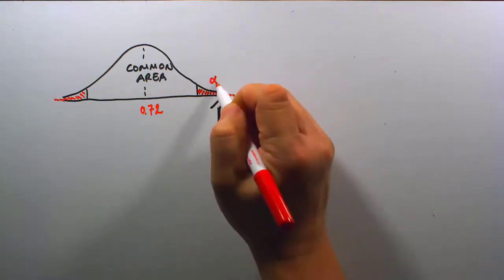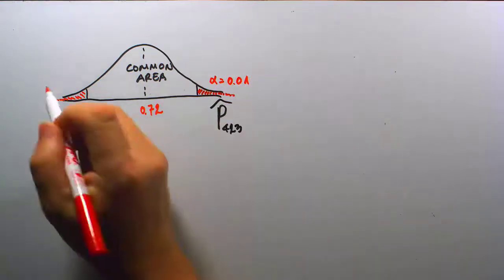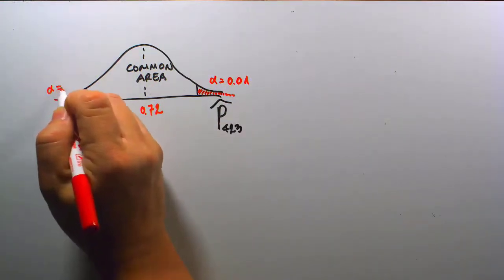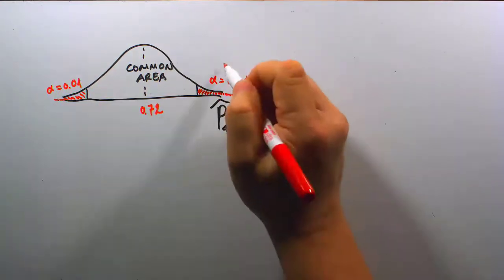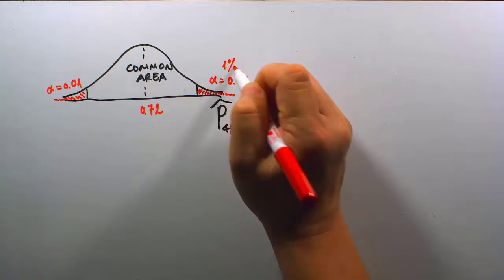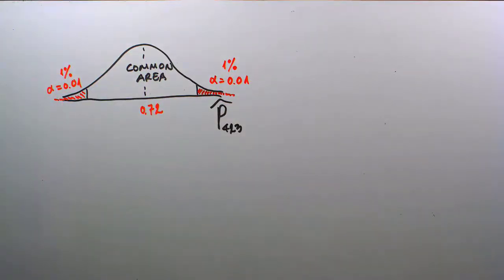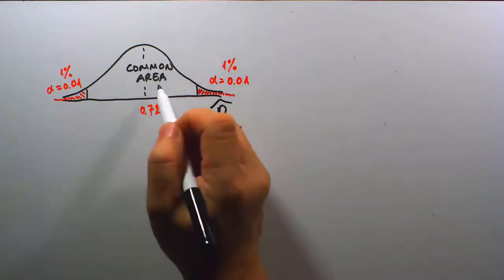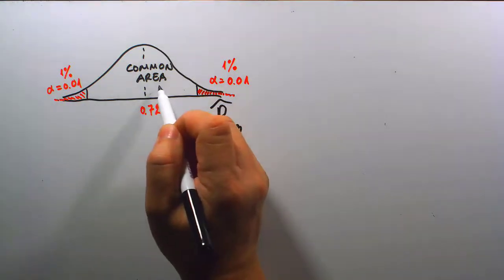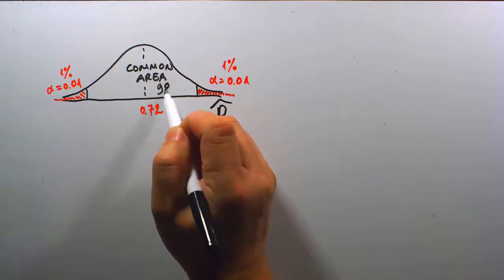The significance level is now indicating that each of these little tails is a 0.01 area. So alpha equals 0.01 on each area, or we can think of that as 1%. And so easily, the math can quickly tell us that the common area here is as big as 98%.